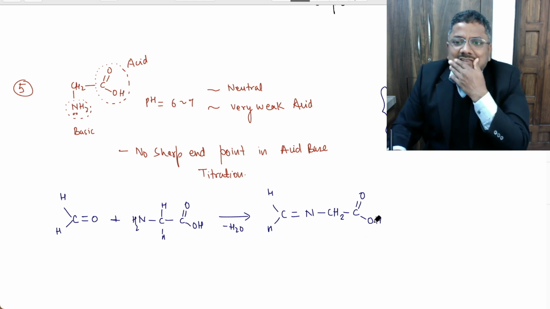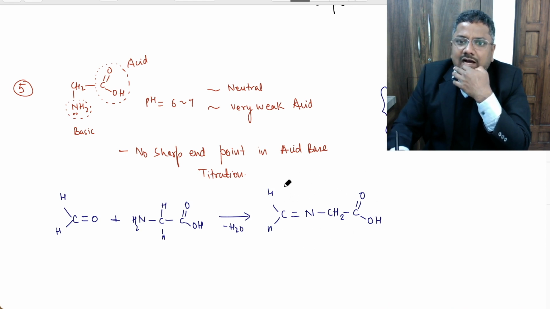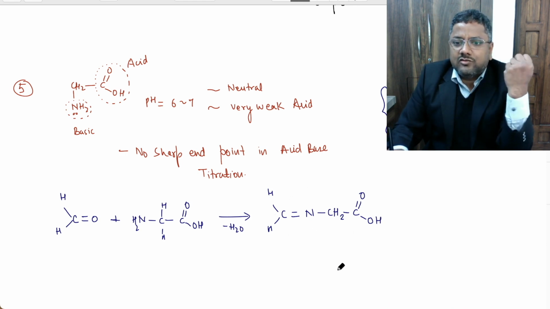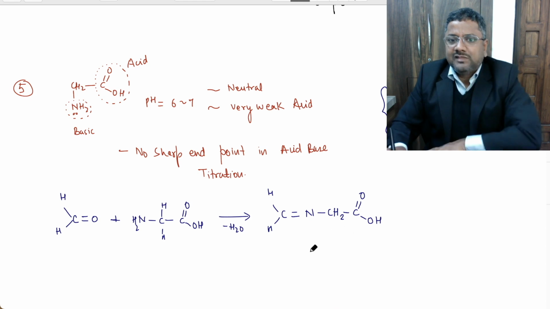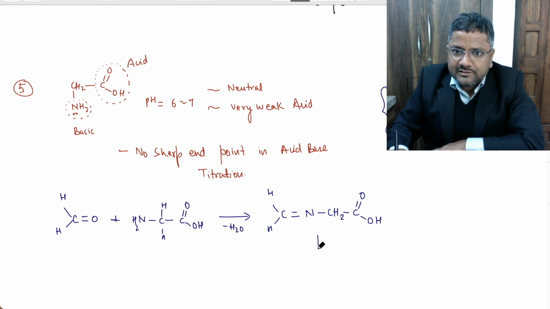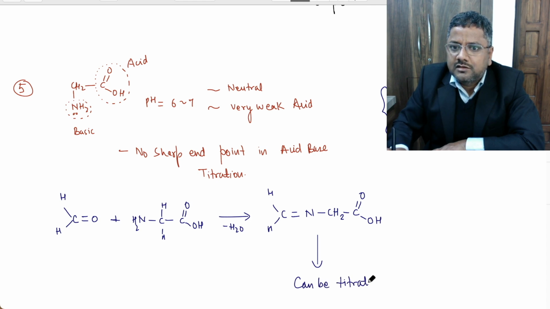Now this is a much stronger acid than this, and how will the acidic strength increase here? See, the conjugate base is here, and this group acts as an electron withdrawing group, right? So now this can be titrated against NaOH.